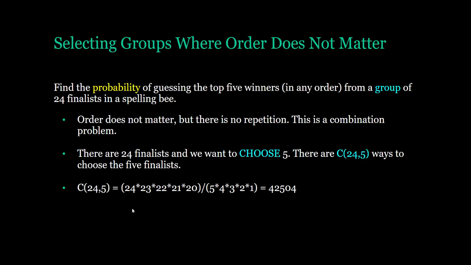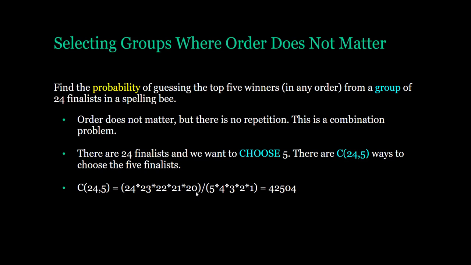Using a calculator or using the equation, here I've written this out using the equation, and this is simplified. In the top you had 24 factorial, in the bottom you had 24 minus 5, which is 19 factorial. You'll notice 19 factorial canceled in the top and the bottom. And then I have r factorial that remains here, 5 times 4 times 3 times 2.